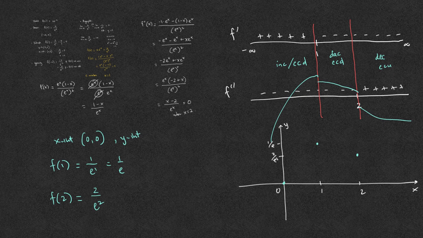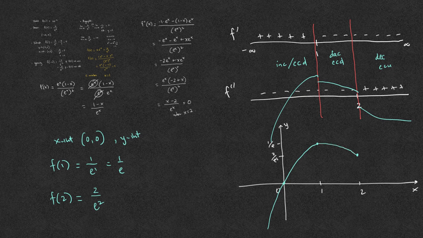From negative infinity to 1, the function is increasing and concave down, and it has to go through the x and y intercept and the maximum value. From 1 to 2, the function is decreasing and concave down, and it has to go through the maximum and the inflection point.